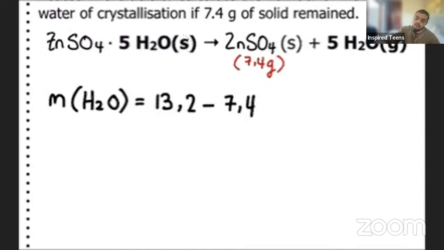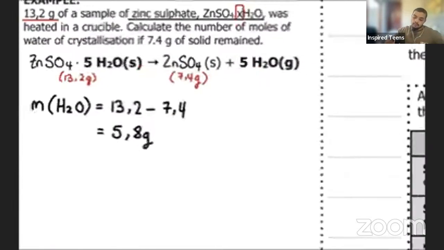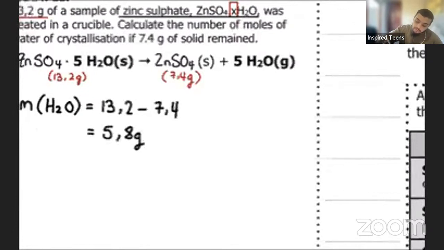The difference would tell us how much water we have. Okay, the difference would tell us that we have 5.8 grams of water.